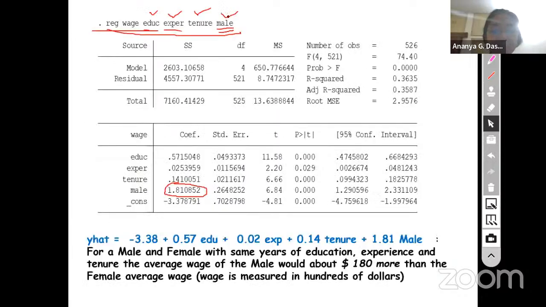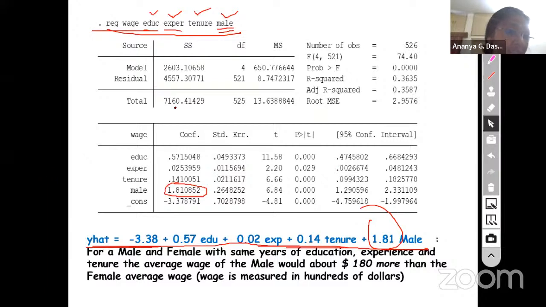Right. So here is one case which you can see. I have just written this in equation form, taking the numbers and writing it out. So here 1.81 is the coefficient of the dummy. This is my delta. Now, how do I interpret this?